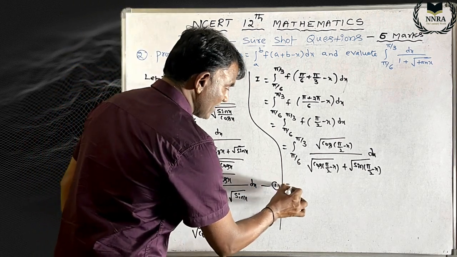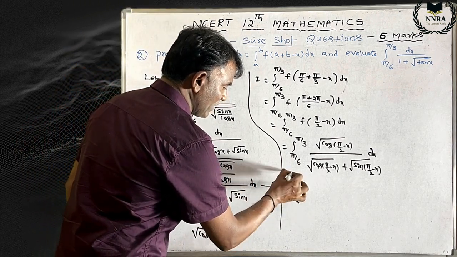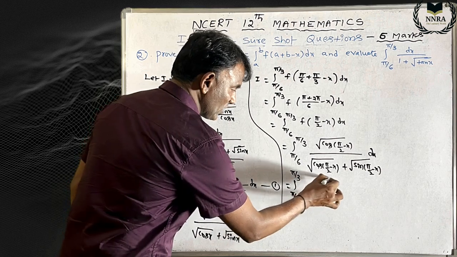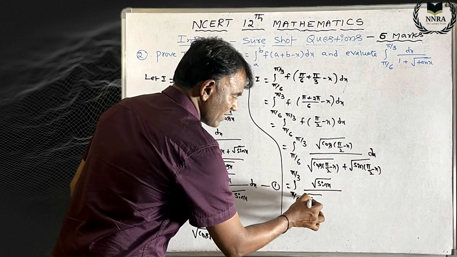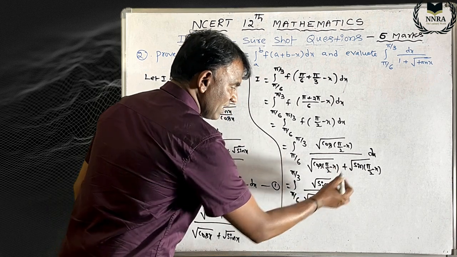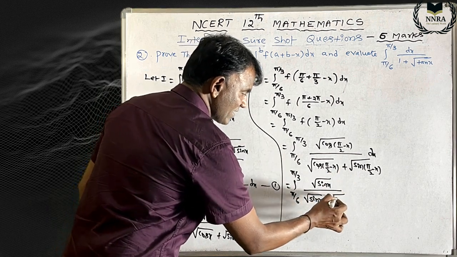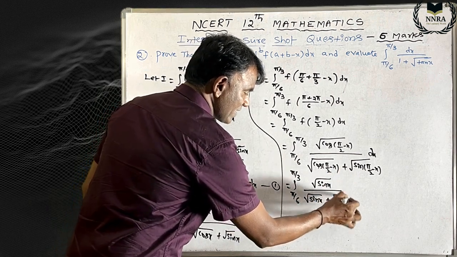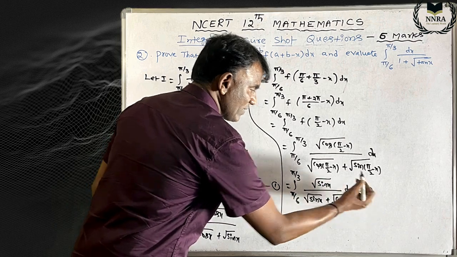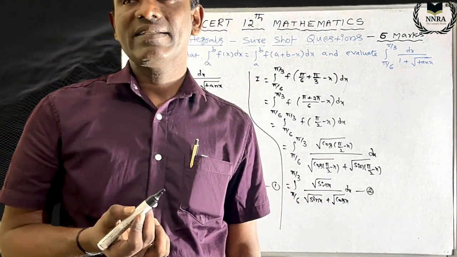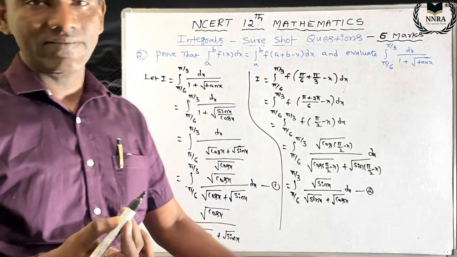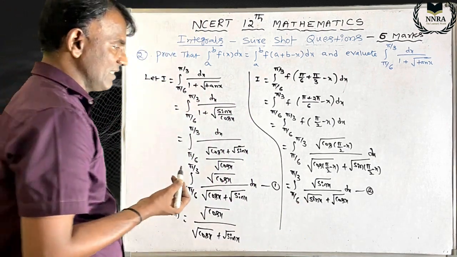So how to write this one? Integral pi by 6 to pi by 3, root of sin x. And denominator, first term is root of sin x, and sin 90 minus theta is cos theta, na? Then root of cos x into dx, equation number 2. Sin of 90 minus x, all are equal. Only that variable or parameter is different.